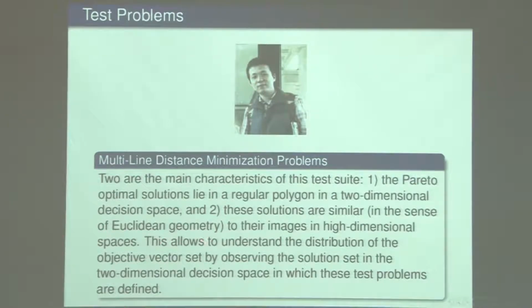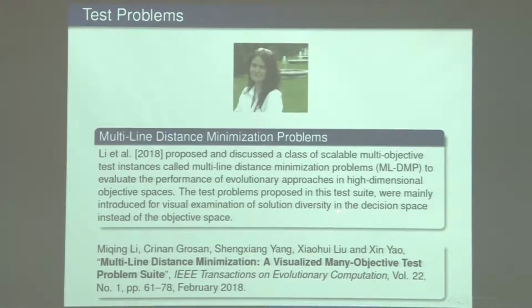So this allows us to understand the distribution of the decision variables, so decision variable space, by observing the solution set in this two-dimensional decision space. So it's, as I mentioned before, meant to help us visualize solution diversity for problems that have many objectives.